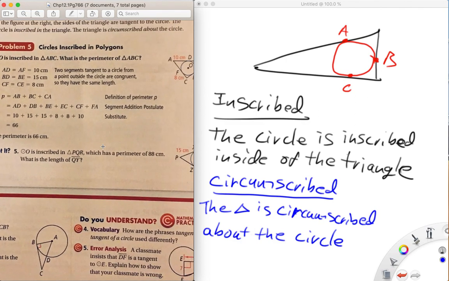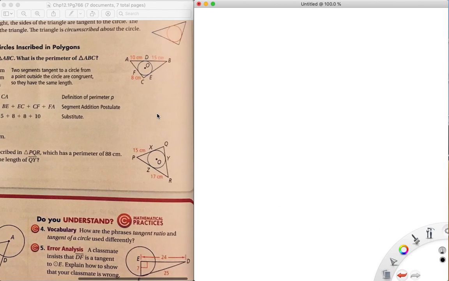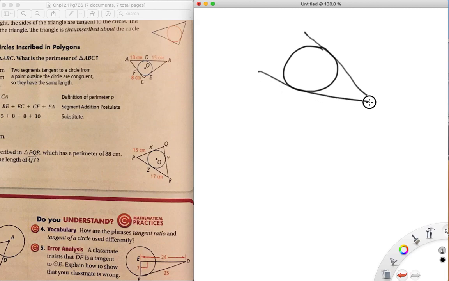All right, it says circle O is inscribed in triangle PQR.